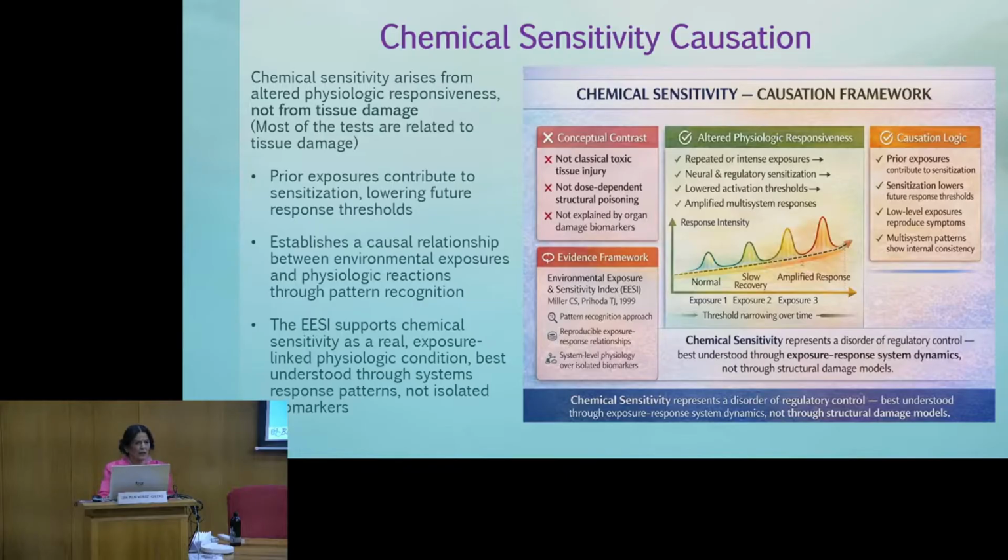Claudia Miller, who is a professor of immunology at the University of Texas, has described chemical sensitivity as altered physiologic responsiveness, not from tissue damage. And she emphasized that prior exposures contribute to that sensitization.